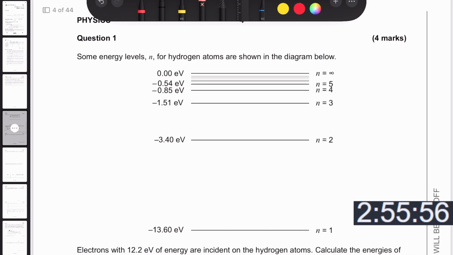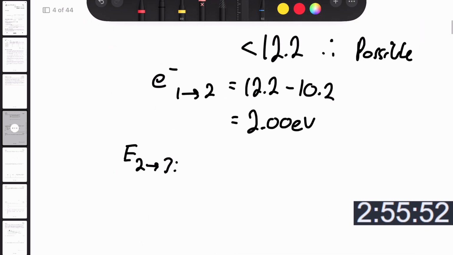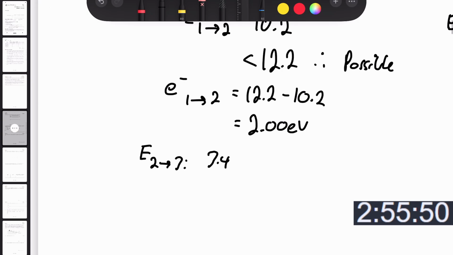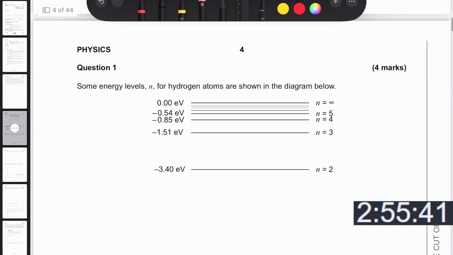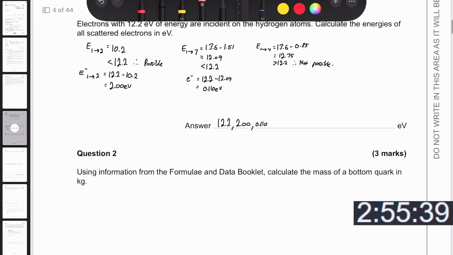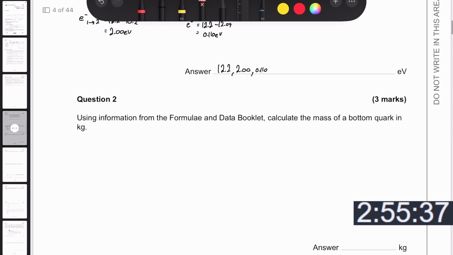E2 to 3 will be 3.4 minus 1.51. No, there's no way they expect me to do this. Yeah, no, okay, I'm not doing all of that. Because that's over 10 things I would calculate. Yeah, no, I'm gonna say those 3 are it. Maybe if I come back, I'll do the rest.